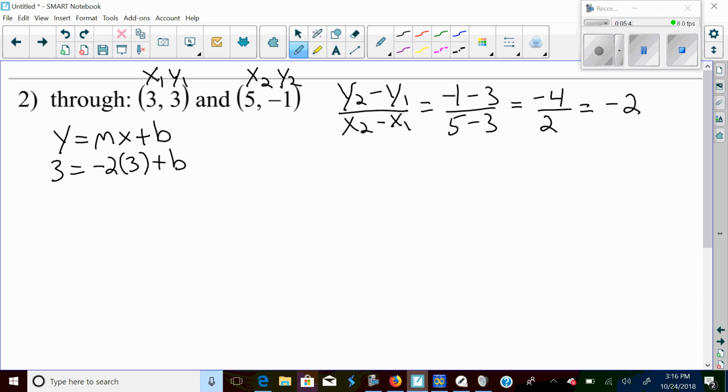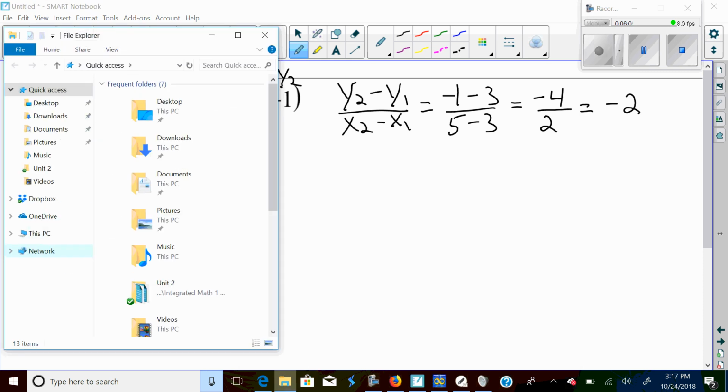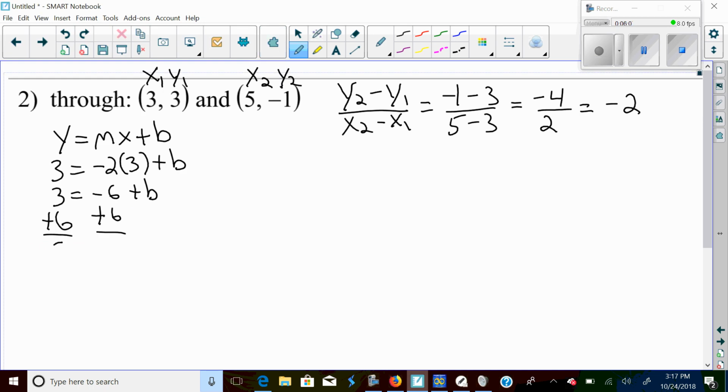And then I'll go ahead and multiply here, and I have 3 is equal to -6 plus b. And then I add 6 on both sides. That's going to give me 9. It's equal to b.